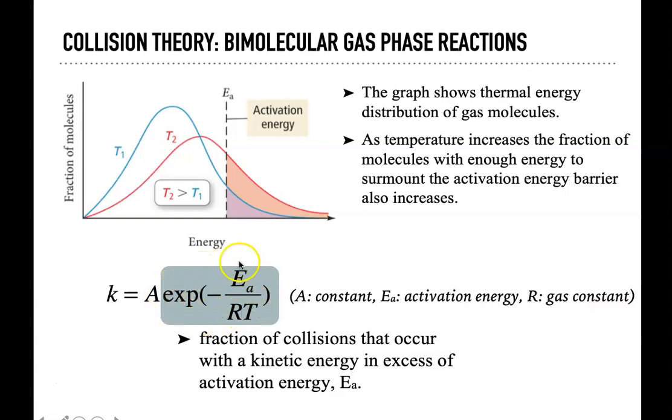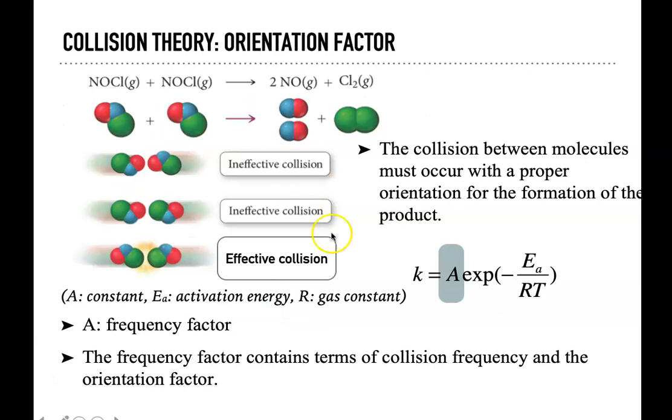This exponential portion explains the portion of molecules under the curve with more than the activation energy, the fraction of collisions that occur with kinetic energy in excess of the activation energy. So it is possible for them to overcome the activation energy and move on to the product side. Now the pre-exponential factor A is the frequency factor, containing the information of collision frequency, how fast they collide with each other, and the orientation factor.